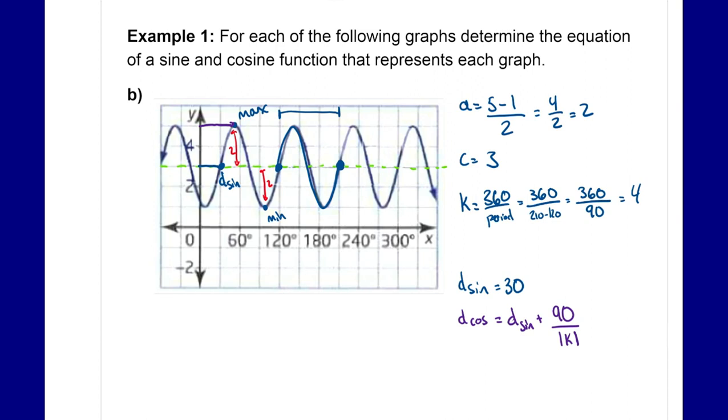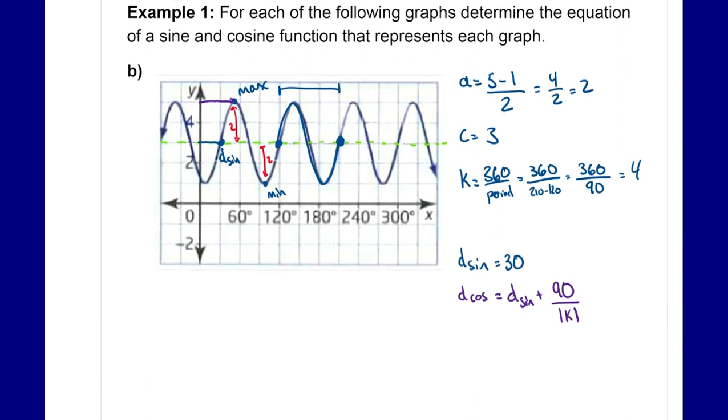We start basically 90 degrees into our sine function. So I can do a similar thing here, except I can't just add 90. I have to be considerate of the fact that the k value might be affecting the horizontal compression or stretch. So I have to take that into account as well.